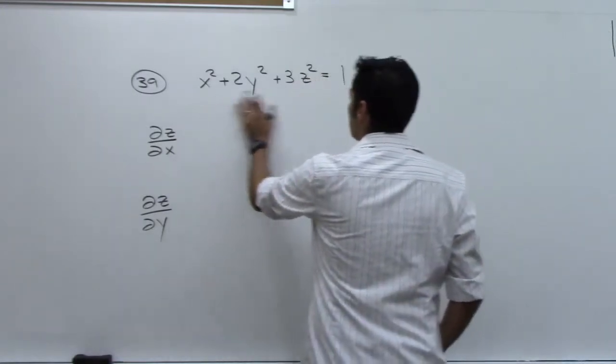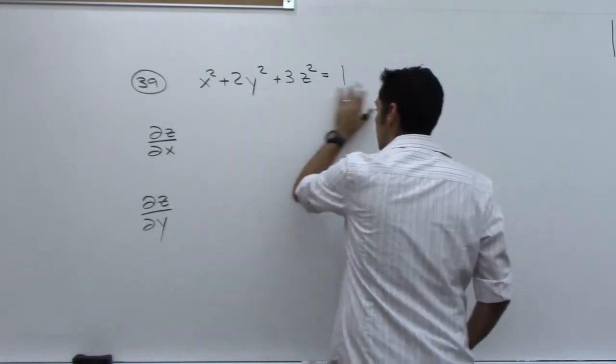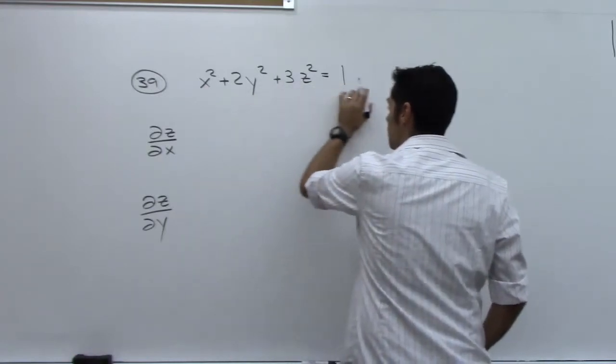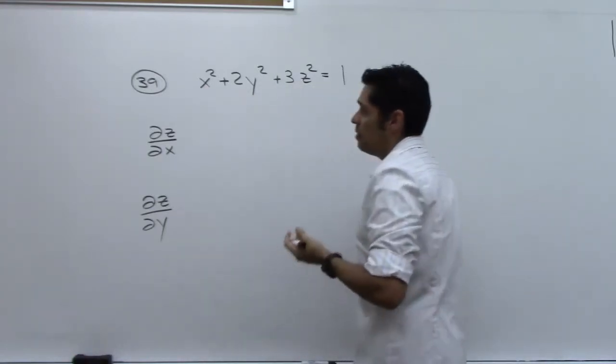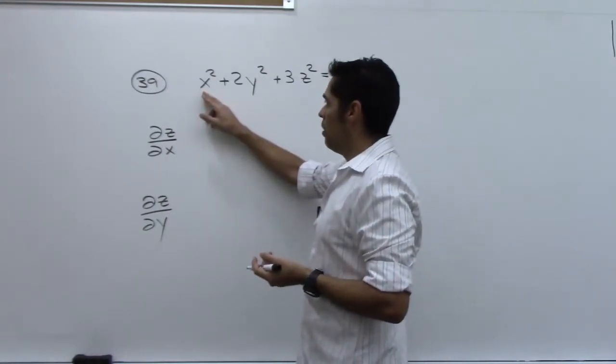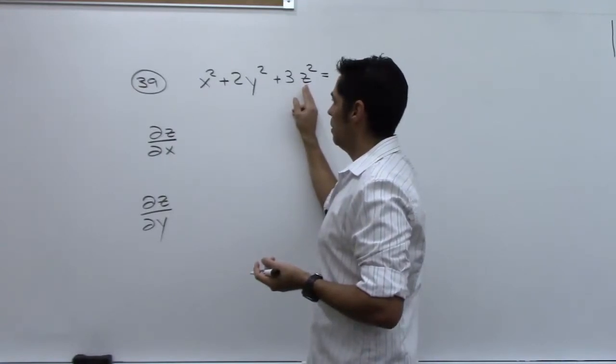What I'm going to do is take the partial derivative with respect to x on both sides of this equation. What that means is I'm going to treat x like my variable, y like a constant, and z like it's a function of x.